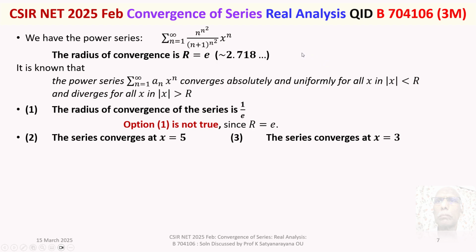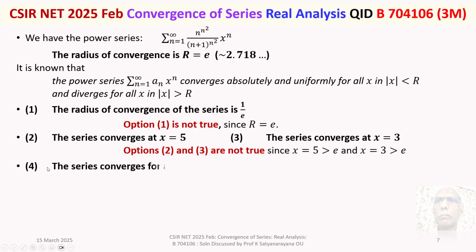That means the interval is minus 2.71 to plus 2.71. In that, for every x, it converges. But x is equal to 5 comes outside that interval of convergence. Therefore, it diverges. So also 3 is bigger than 2.718. So therefore, it diverges. So options 2 and option 3 are not true since x is equal to 5 is greater than e and x is equal to 3 is greater than e.